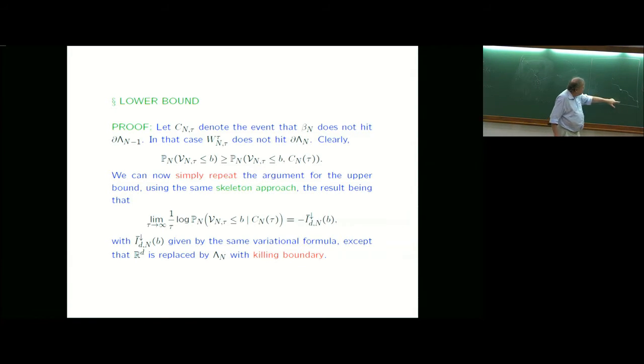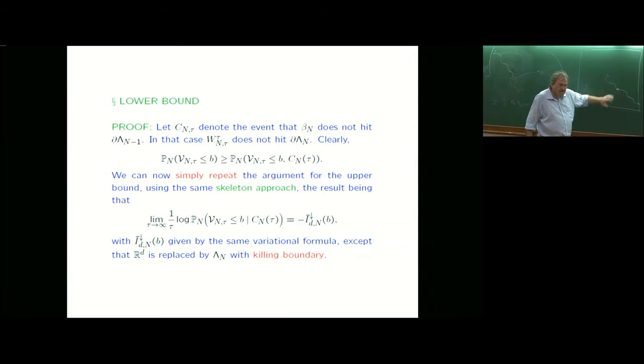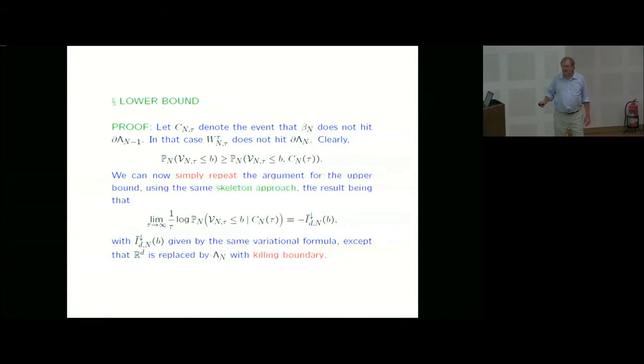If I'm not close to the boundary, I won't even notice that I'm actually living on a finite box. So what you do is you can simply say, if I put in the killing event, then conditioned on this killing event, I will just get the same variational formula, but now it has a killing boundary.